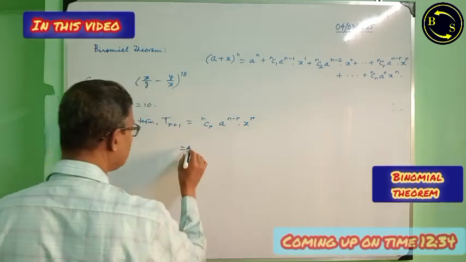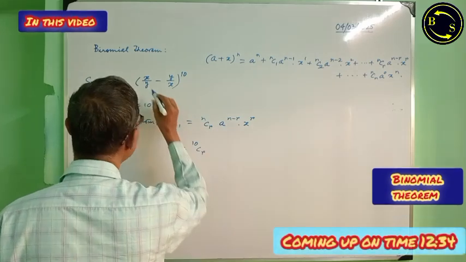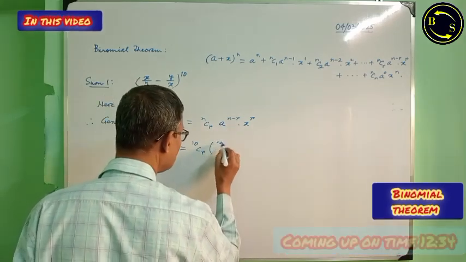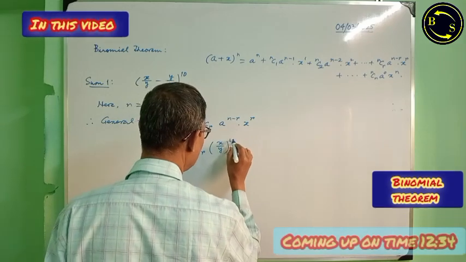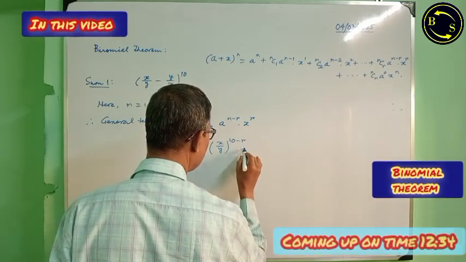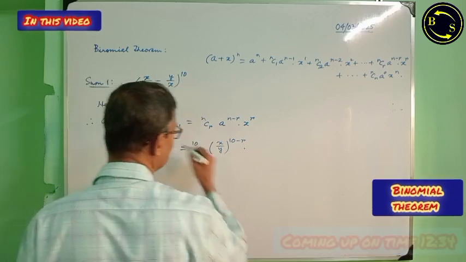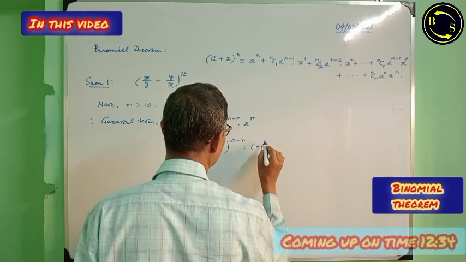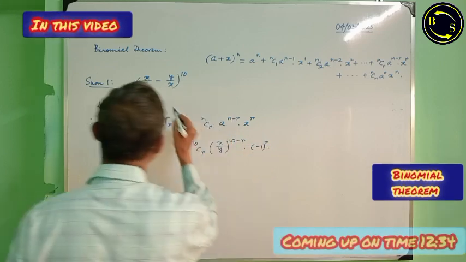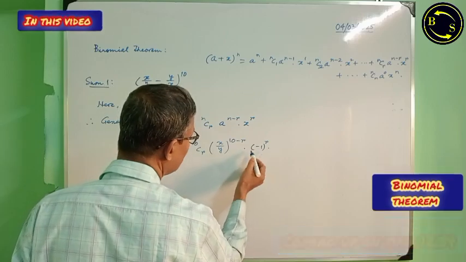Here n is 10, therefore 10 CR, a means x by y whole to the power 10 minus r into x means this one, minus 1 whole to the power r, minus of y by x whole to the power r. I have separated this one.